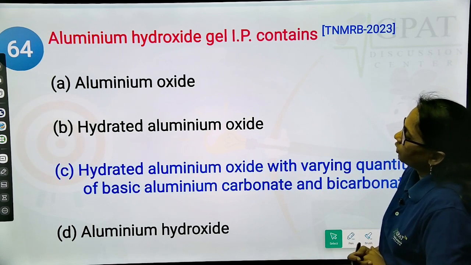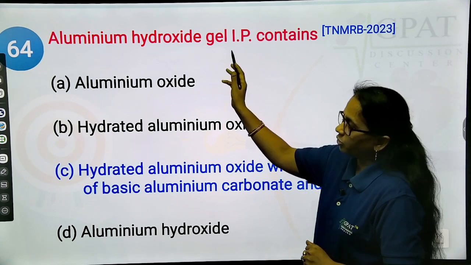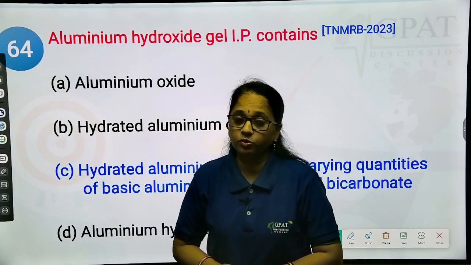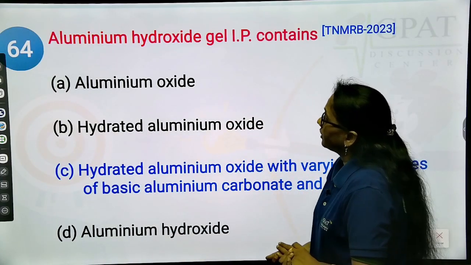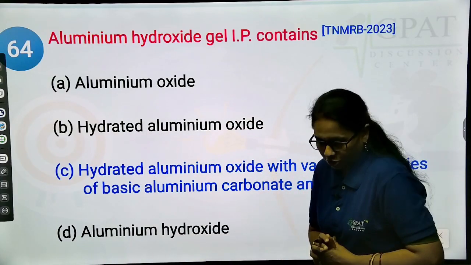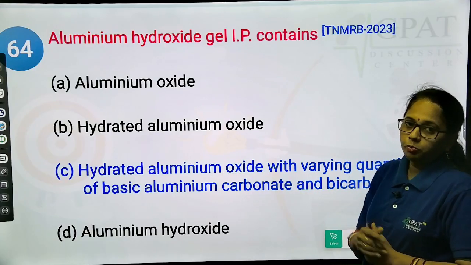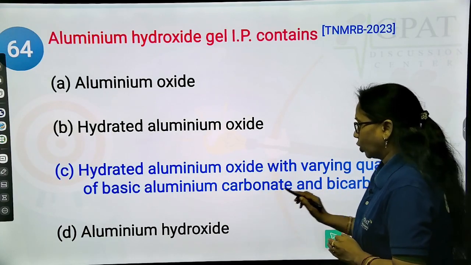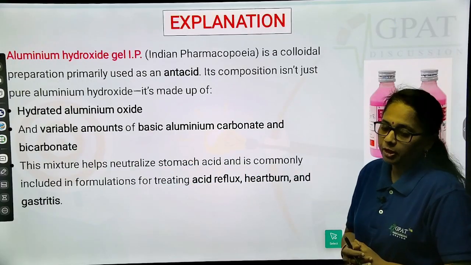Aluminum hydroxide gel is used as an antacid, we know very well. It is a combination of hydrated aluminum oxide with different quantities of aluminum carbonate as well as aluminum bicarbonate.